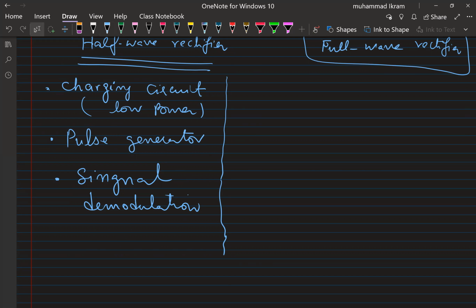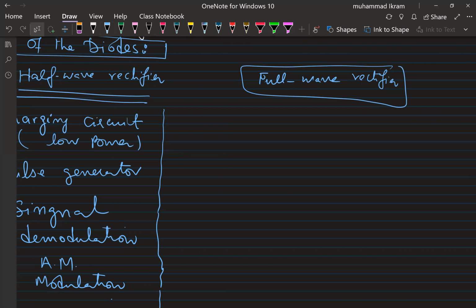For example, removing audio waves from the carrier waves in a television, or removing video waves from the carrier waves in a television set. That is known as demodulation. Or, for example, AM modulation, amplitude modulation, so it is used in the modulation process, right?